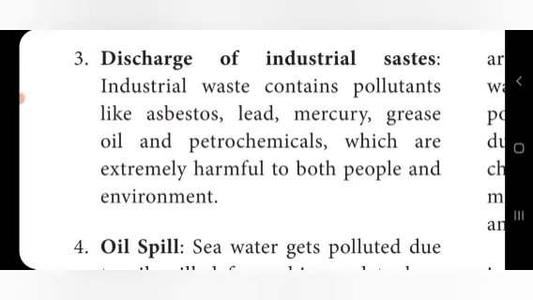These are the chemicals and raw materials used in the industries, mainly industrial wastes like asbestos sheets, lead, mercury, grease, oil and petrochemicals. These are extremely harmful to people, plants and the environment.